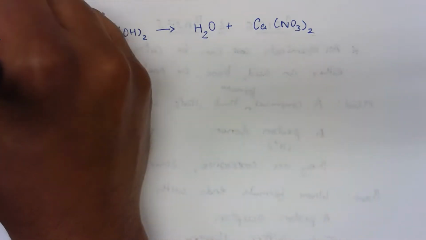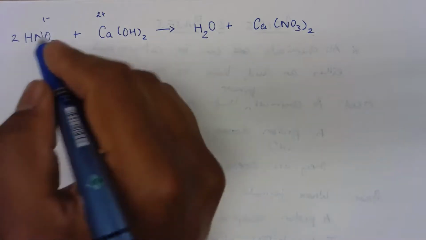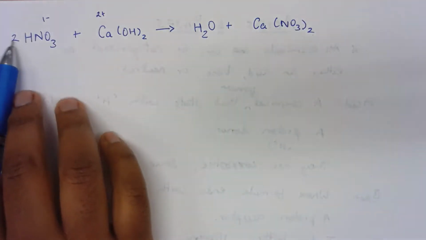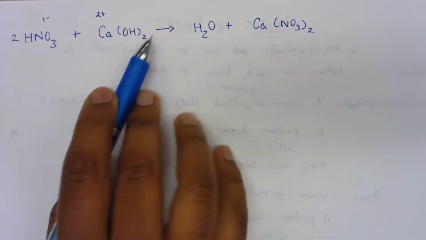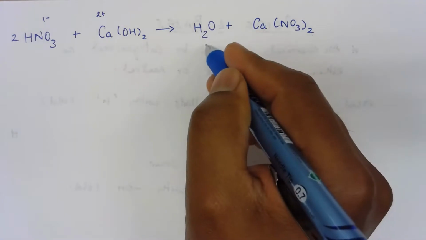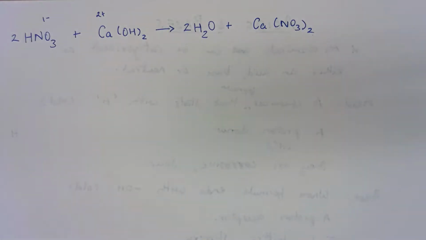So I'll have to put a 2 in front of the HNO3. So now I have 2 nitrates and I have 2 nitrates. But because I added this 2, now I have 2 H's over here and I have 2 H's over here. So I have a total of 4, right? On the other side, I only have 2. So I put a 2 and now everything should be balanced.